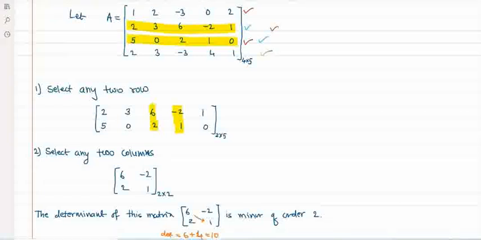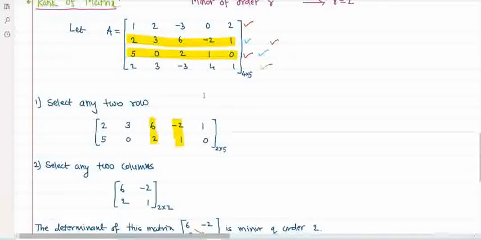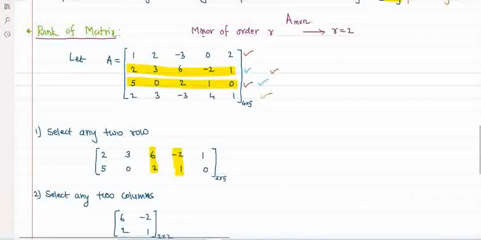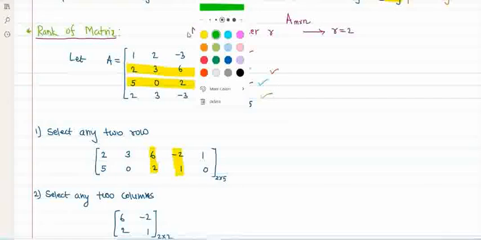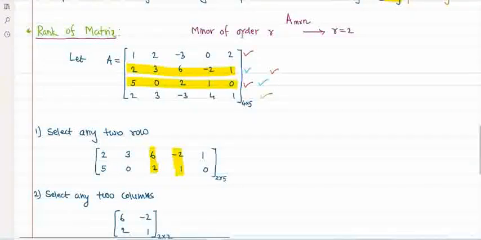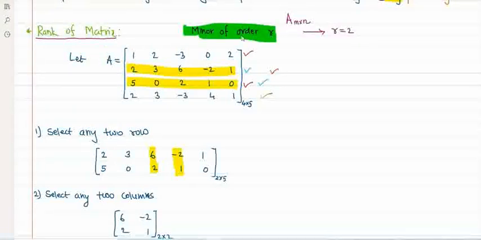Now I will generalize the definition. We are defining a minor of order R. What is the first step? Suppose A is any matrix of order m by n. First, select any R rows from the given matrix.